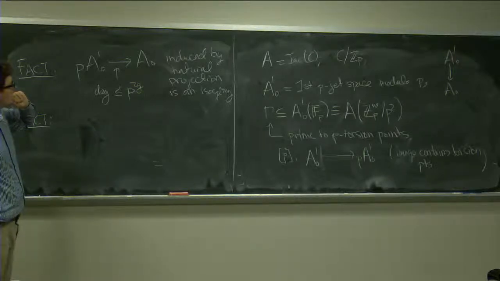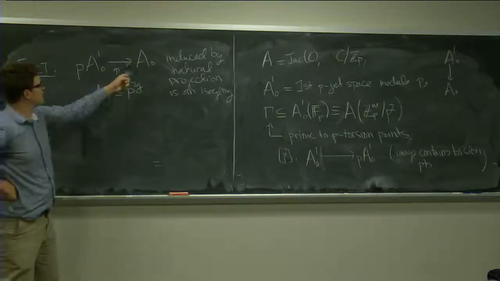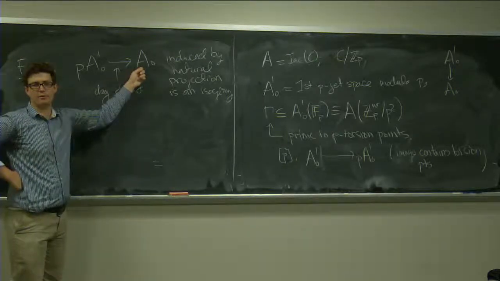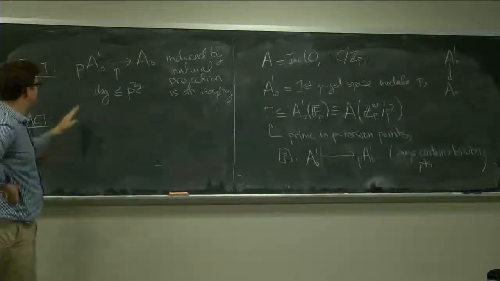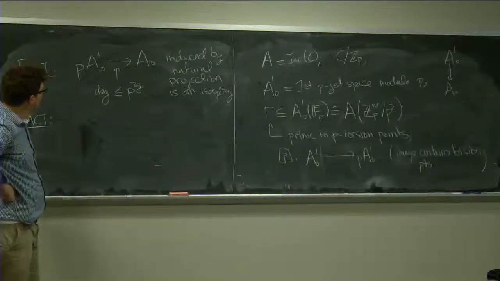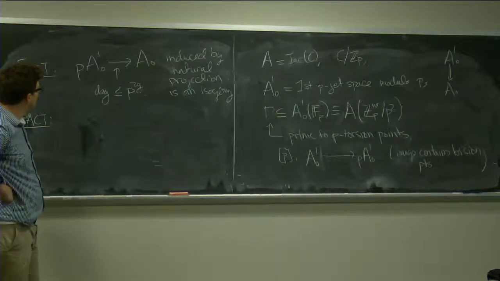Isn't that all there is? But on which variety are we considering the multiplication by p map? A0. A0. And then the p-torsion action will factor through, doesn't it?